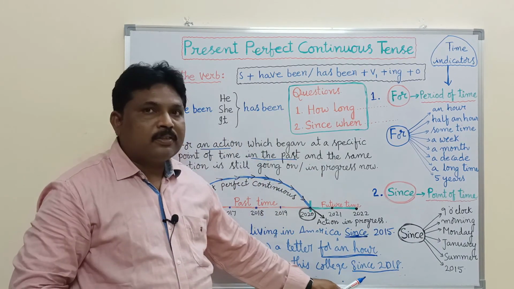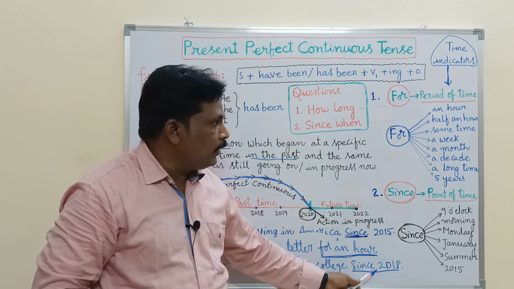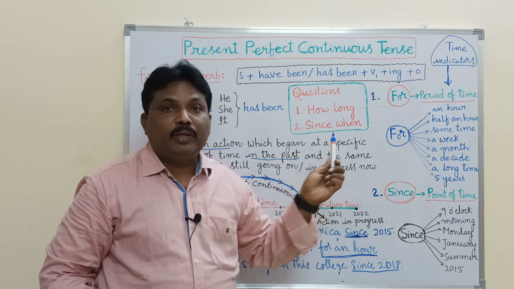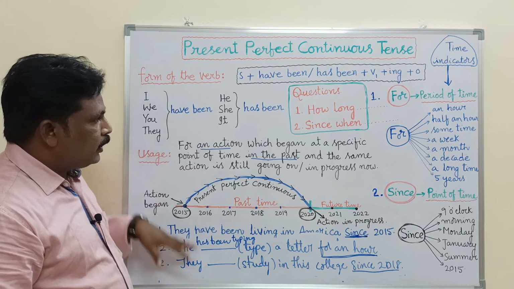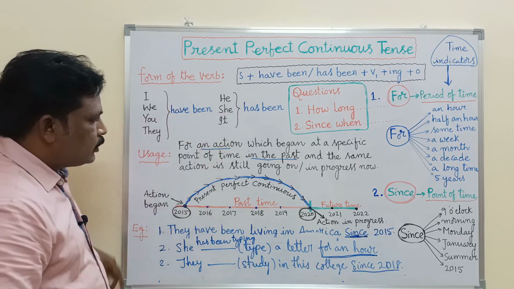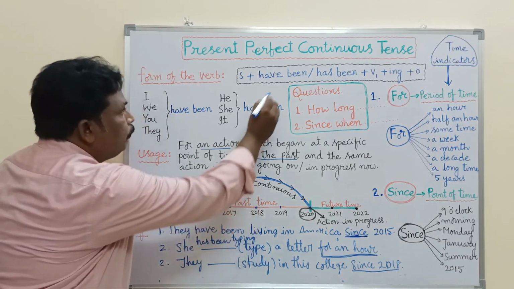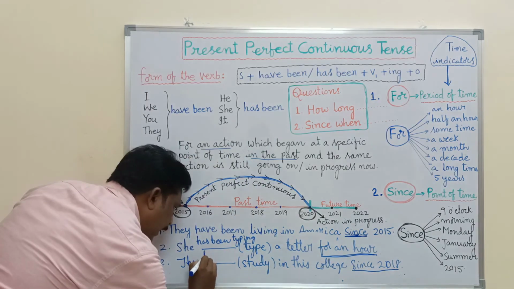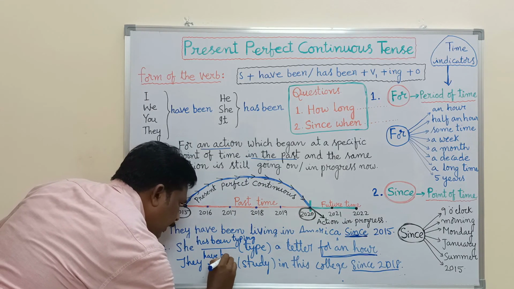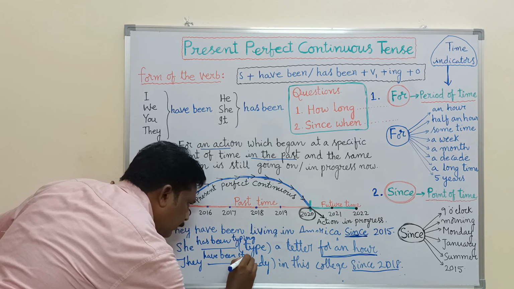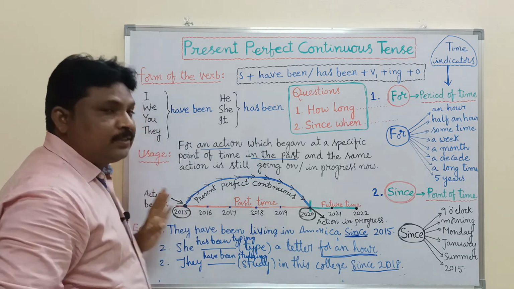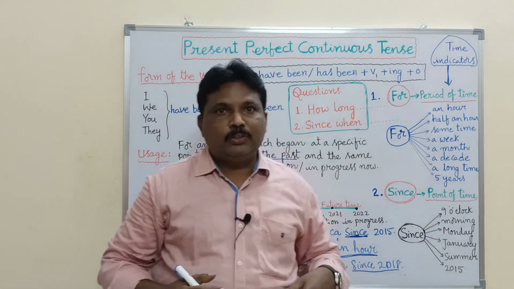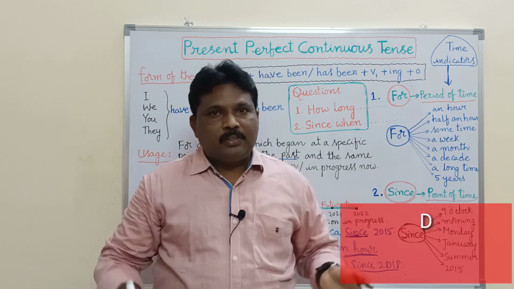This since 2018 is the time indicator used in present perfect continuous tense. So you can take it for granted that this is a present perfect continuous tense. Then you take the structure, subject plus have been or has been. They have been studying. Okay, this is how you write your answers in public examinations or in any competitive examinations.